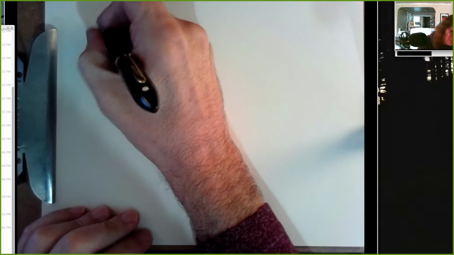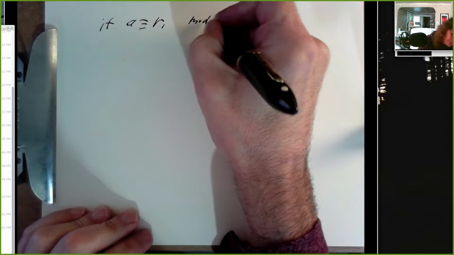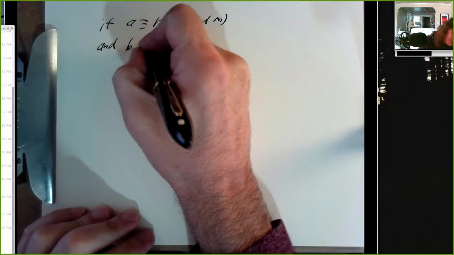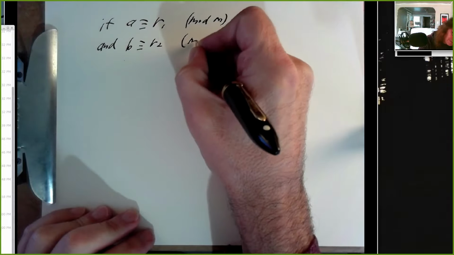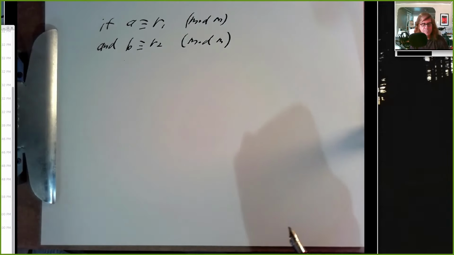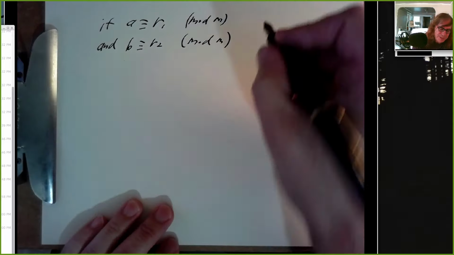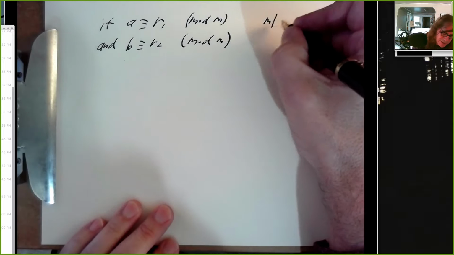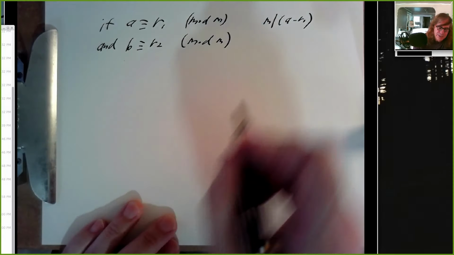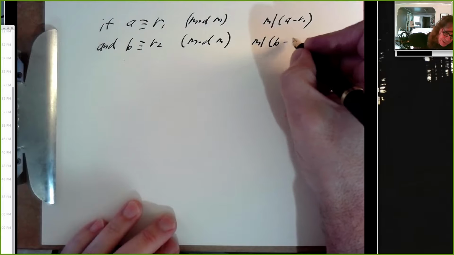So, for example, if A is congruent to R1 modulo m, and B is congruent to R2 modulo m, well, A is congruent to R1 means m divides A minus R1. B is congruent to R2 means m divides B minus R2.